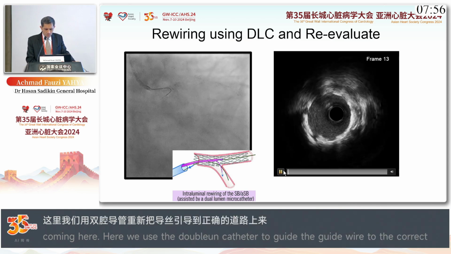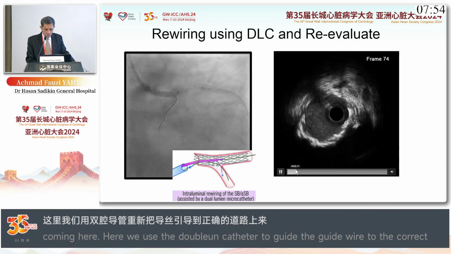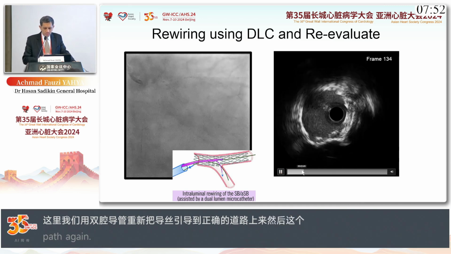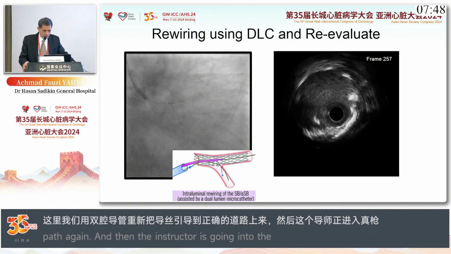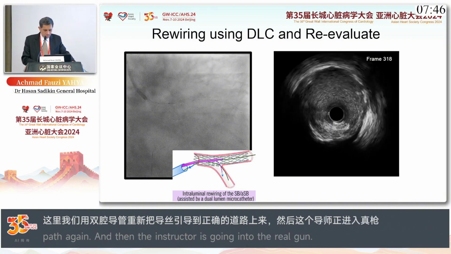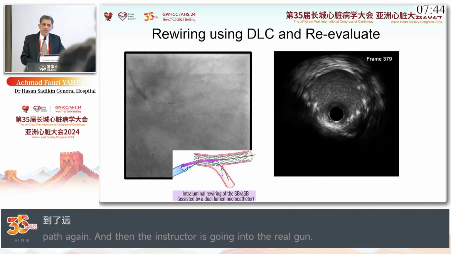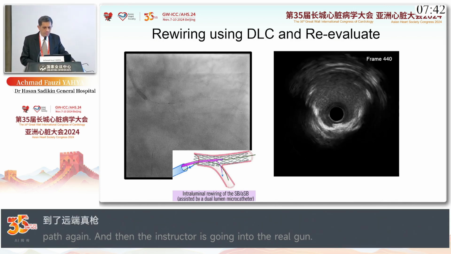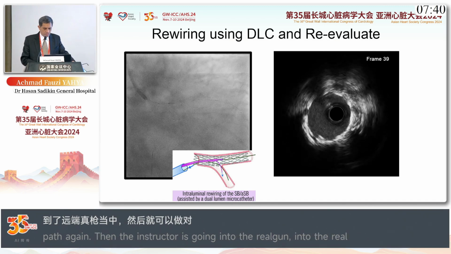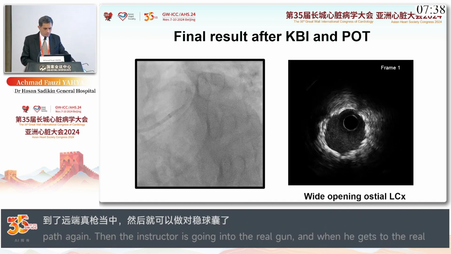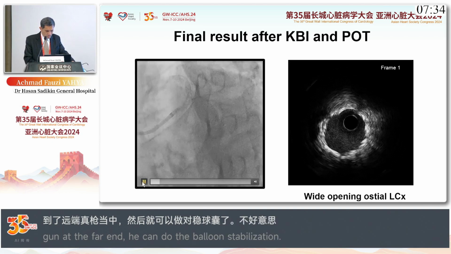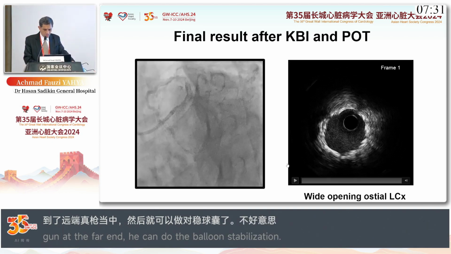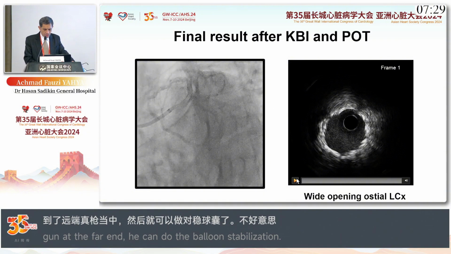And when the wire goes truly intrastent all the way and goes to the distal strut, we can perform the kissing balloon, and wide opening of the circumflex.